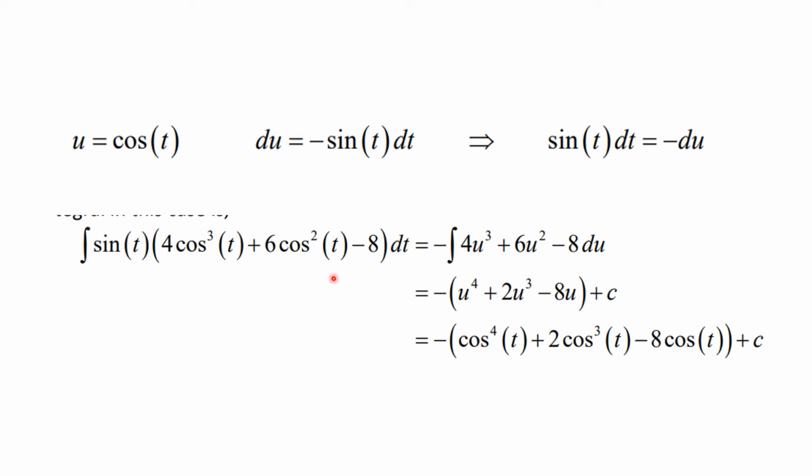So magic will happen. We'll do the substitution and we get this. Notice the minus sign was factored out. We integrate each of these terms, get a u to the fourth, 2u cubed, 8u plus c, and we reverse our substitution and get this as our final answer.